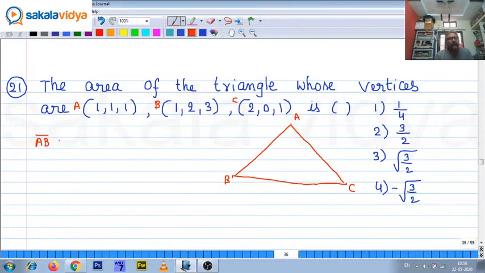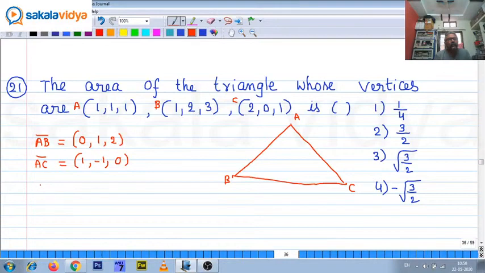AB bar is equal to 1 minus 1 is 0, 2 minus 1 is 1, 3 minus 1 is 2. That means position vector of B minus position vector of A, so AB components are 0, 1, 2. Now AC: position vector of C minus position vector of A, that will be 1 minus 1, 0.